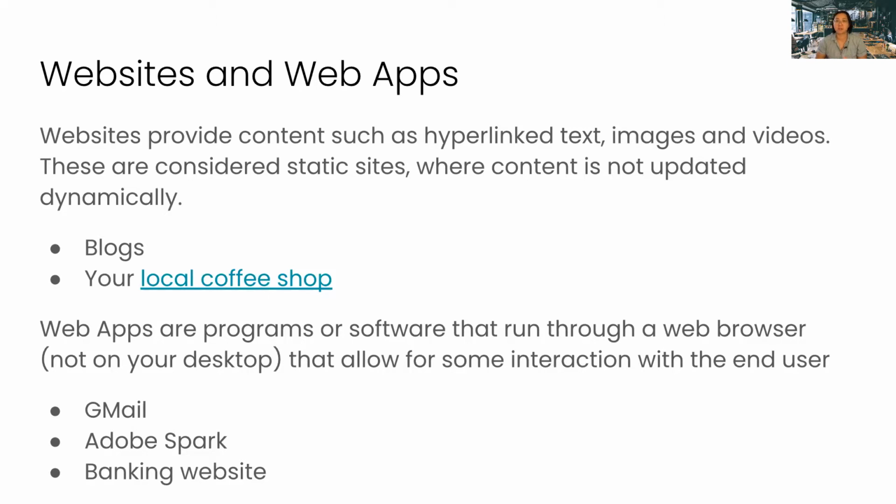You might be familiar with Microsoft's Internet Explorer. That browser has not been used as much, but you'll sometimes still see people using Internet Explorer. Or Mozilla Firefox is another example of a web browser.